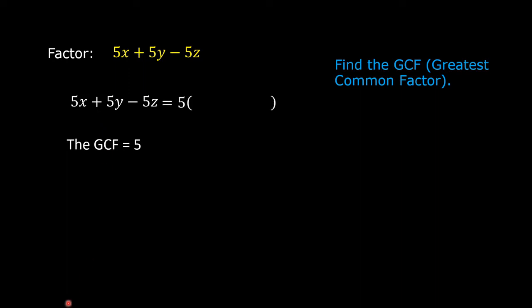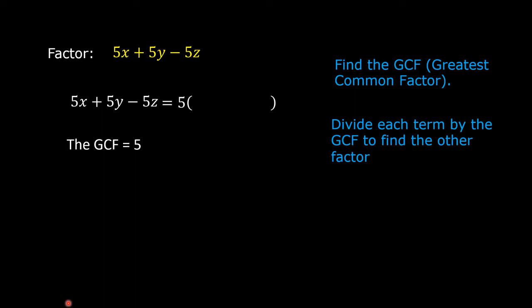So we write 5 and then divide each term by the GCF to find the other factor. So we divide the first term by 5. 5x divided by 5 is x. So we write x here. And then the next term, positive 5y divided by 5 is equal to positive y.